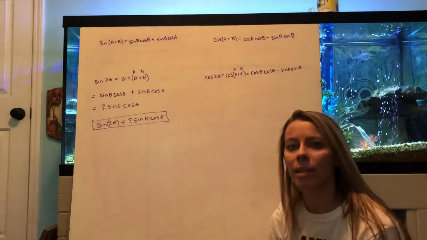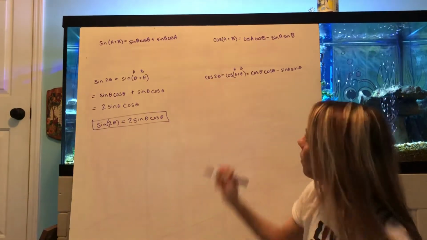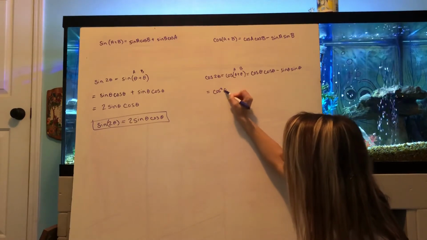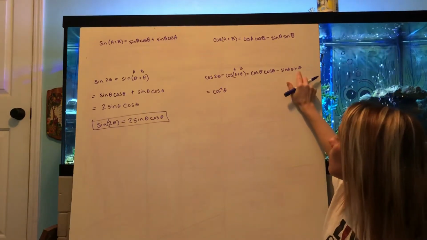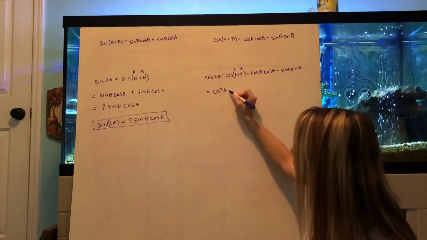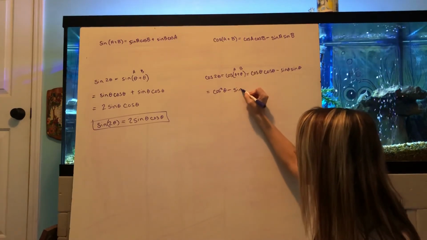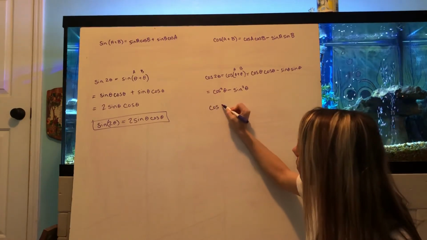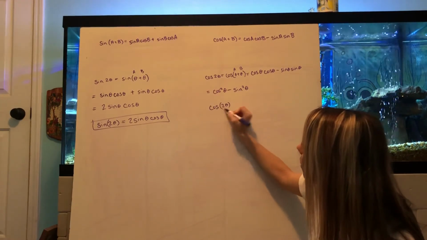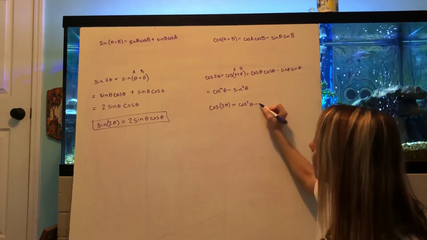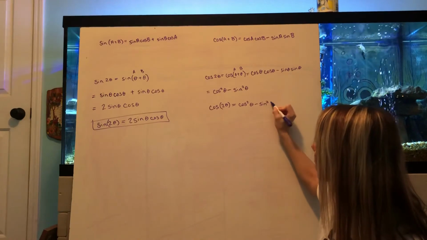So cosine theta times cosine theta, well, that's cosine squared theta. Sine theta times sine theta, that's sine squared theta. So cosine 2 theta is equivalent to cosine squared theta minus sine squared theta.